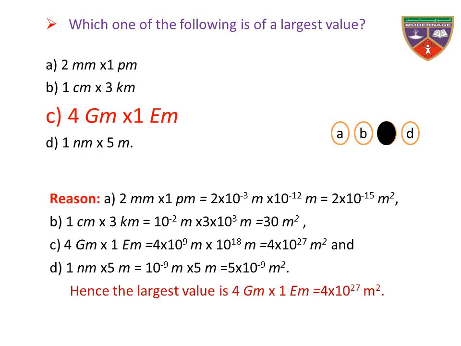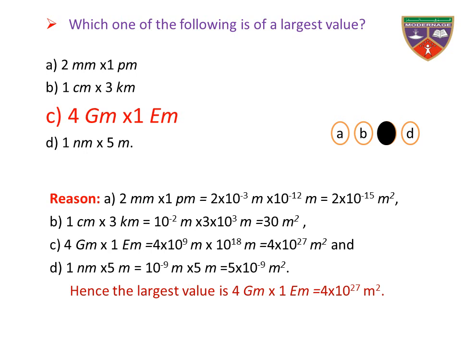Reason: option A, 2 millimeter into 1 picometer is equal to 2 into 10 power minus 15 square meter. B option, 1 centimeter into 3 kilometer is equal to 30 square meters. C option, 4 gigameter into 1 hexameter is equal to 4 into 10 power 27 square meters.